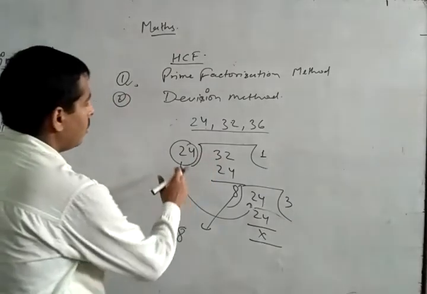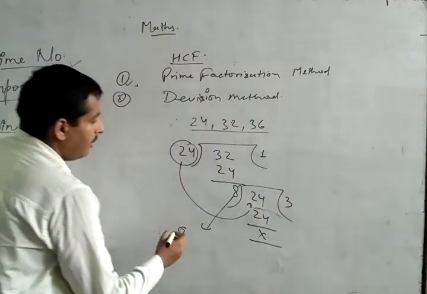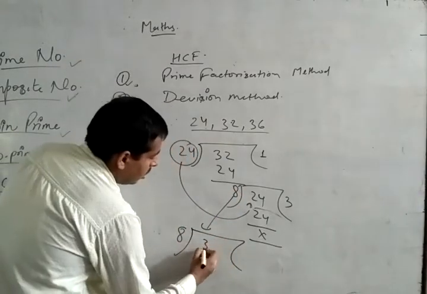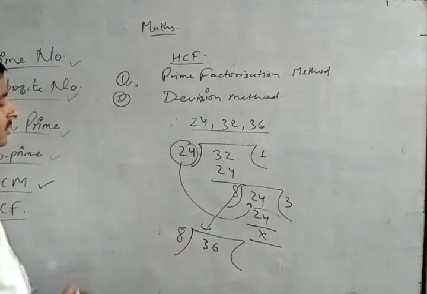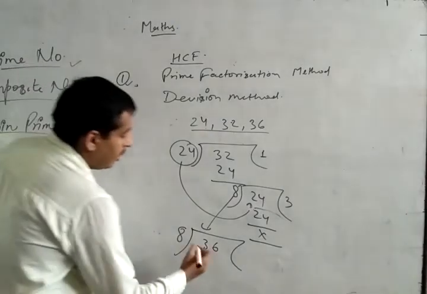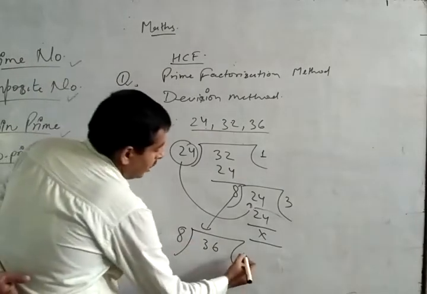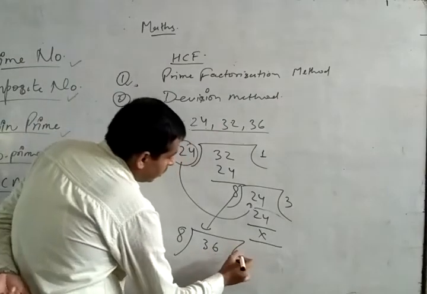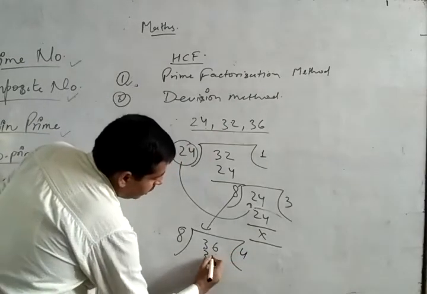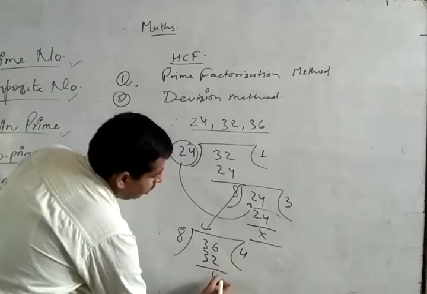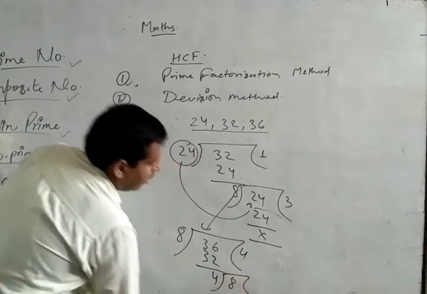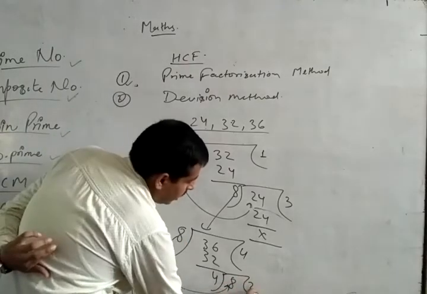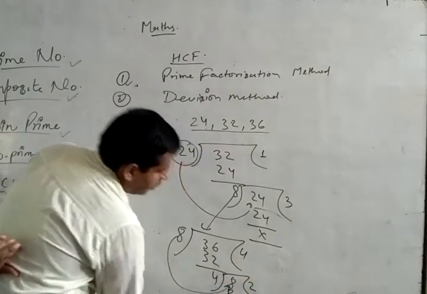Now for 36, what will we get? We will divide 36 by 8. 8 1 is 8. 8 5 is 40. 8 4 is 32. Means 8 4s are 32. It gives you remainder 4. And dividing 8 by 4, we will get remainder 0.